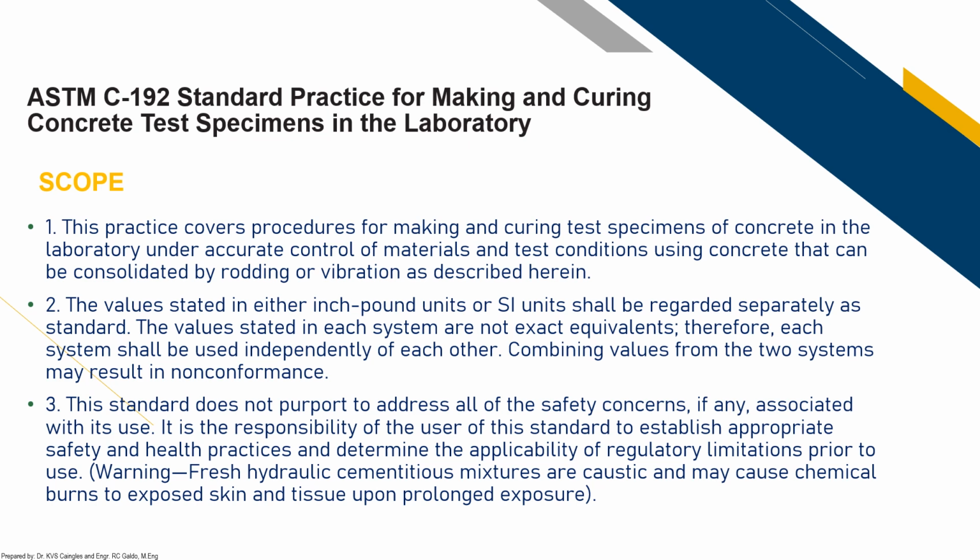This practice covers procedures of making and curing test specimen of concrete in the laboratory under accurate control of materials and test conditions, using concrete that can be consolidated by rodding or vibration as described herein. What is inside the provision of ASTM C192 is all about the step-by-step procedure on how to properly make and cure your concrete test specimen in the laboratory.